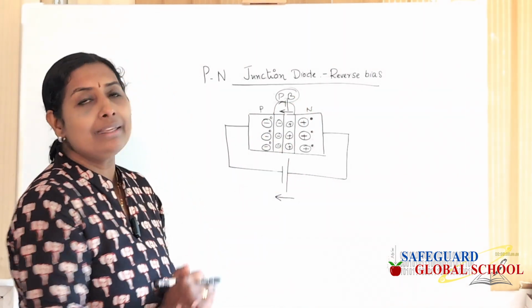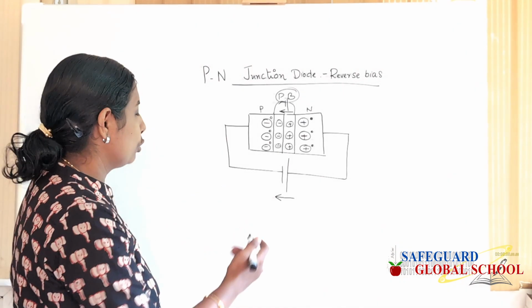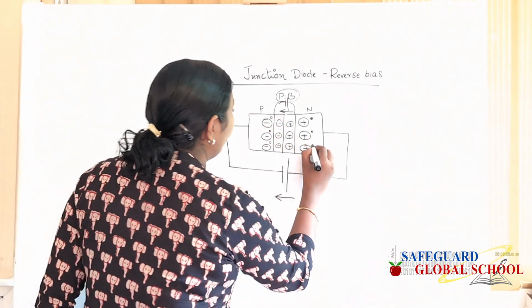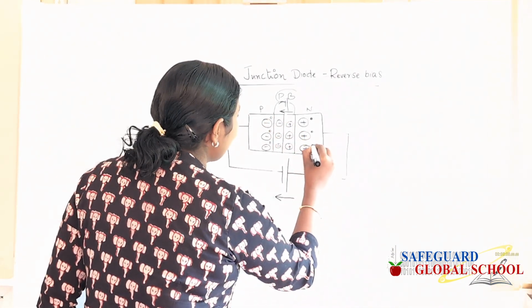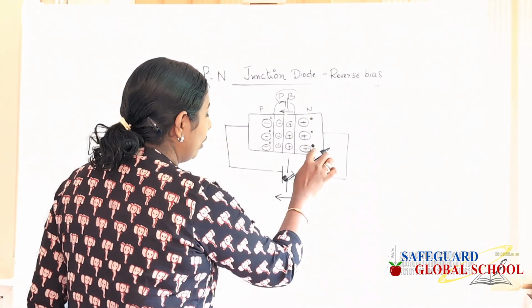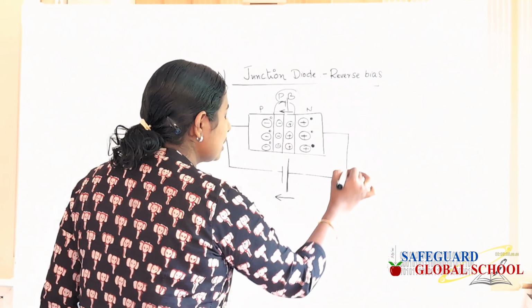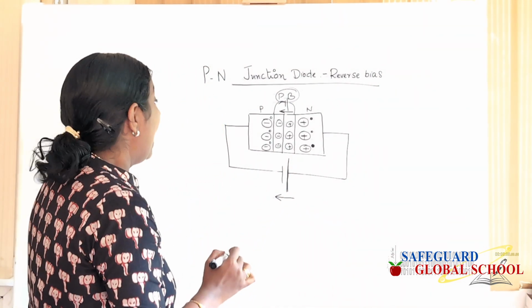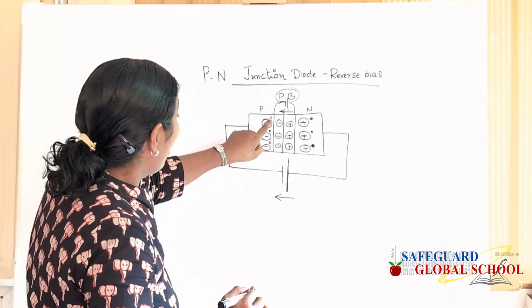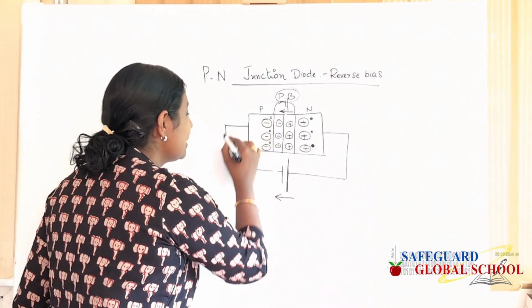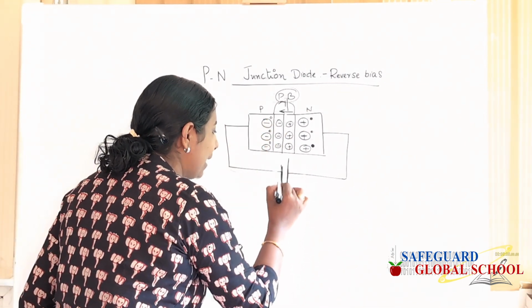And this whole thing can be understood in another manner also, children. Very simple manner. These are electrons. These electrons, they are attracted towards the positive terminal of the battery. And these are holes which are attracted towards the negative terminal of this battery.